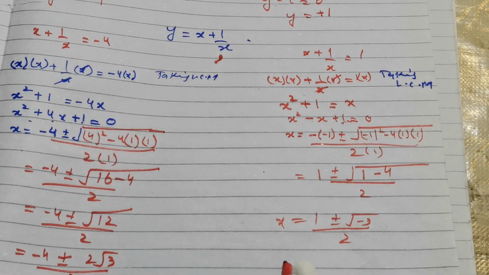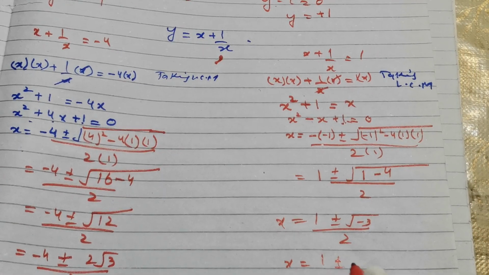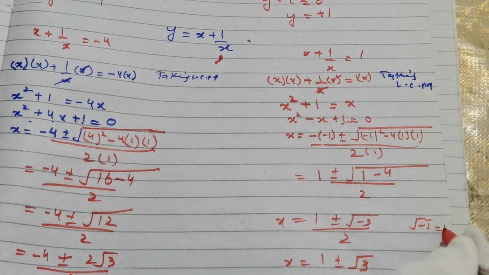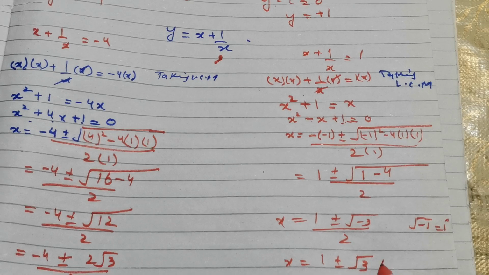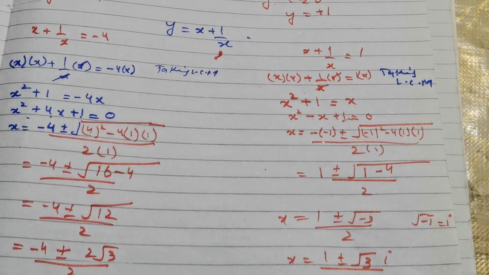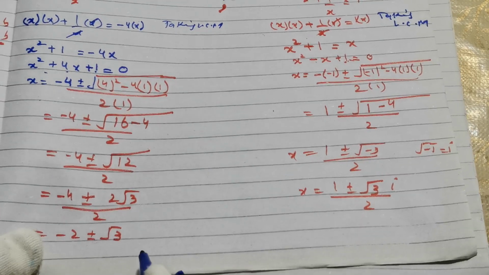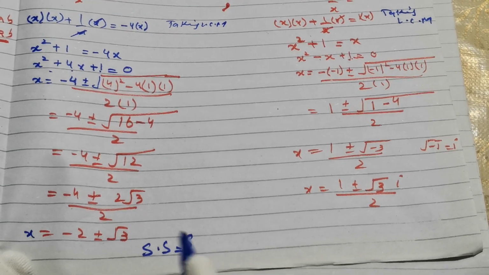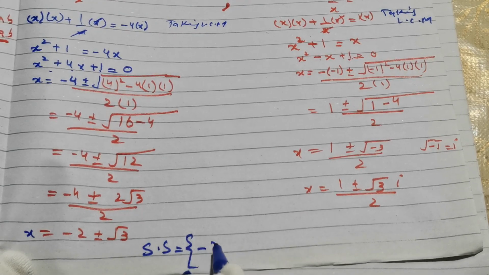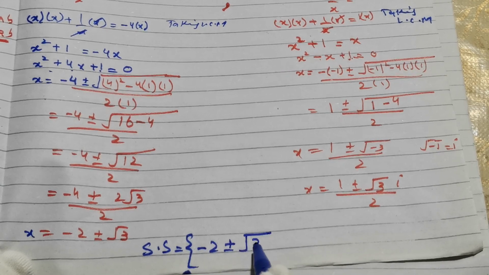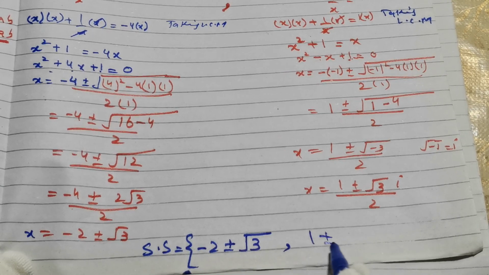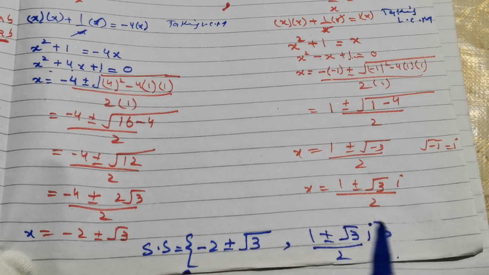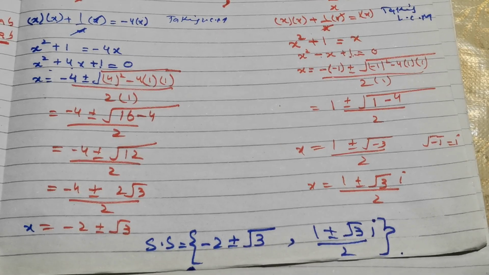Now x is equal to 1 plus minus under root 3 and under root minus 1 is equal to iota, so instead of minus 1 we will write iota, divided by 2. So our solution set becomes x equals minus 2 plus minus under root 3 and 1 plus minus under root 3 iota divided by 2, which is our required solution.